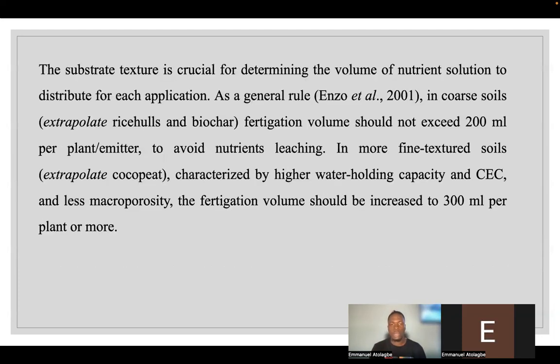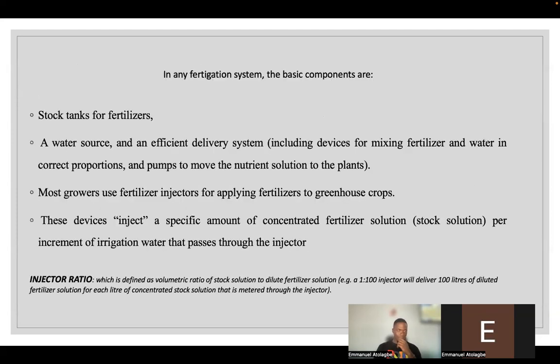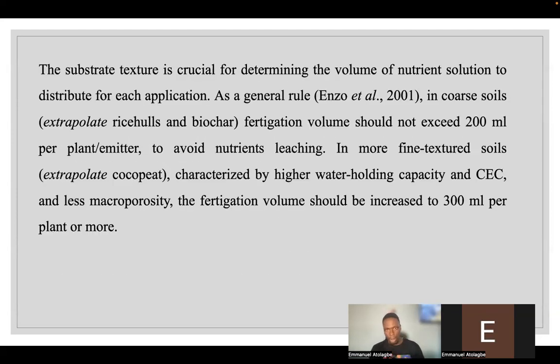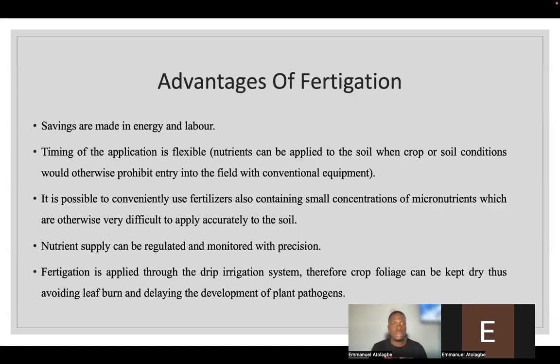So moving on from there, we look at the substrate texture when applying fertigation, or when applying fertilizer, or when passing nutrition through our irrigation system or our secondary lines. That is the drip tapes, the drip tubes, the porous pipes, and the likes.